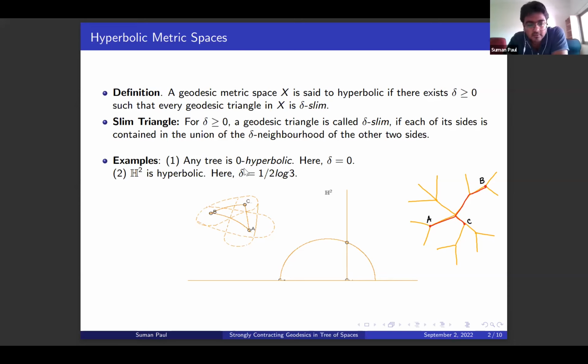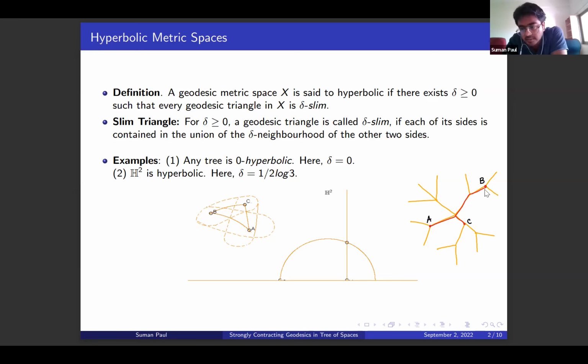The first example is a tree. So this is the picture of a tree. In a tree, any triangle is zero slim. So what do we mean by that? Take 3 points A, B, C, and take the geodesic triangle. The geodesic joining AC will be this line, right?